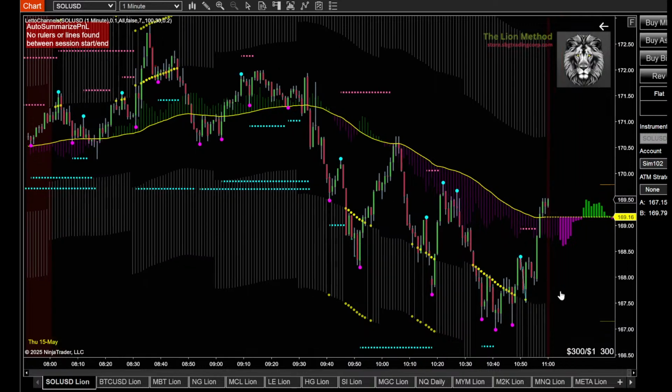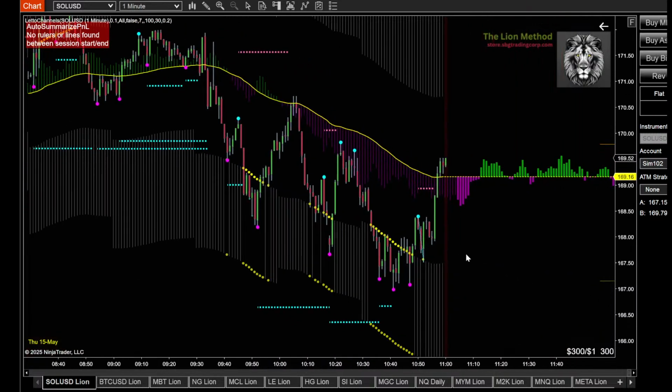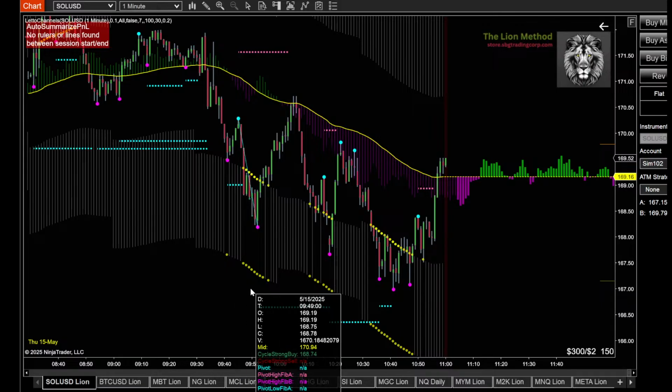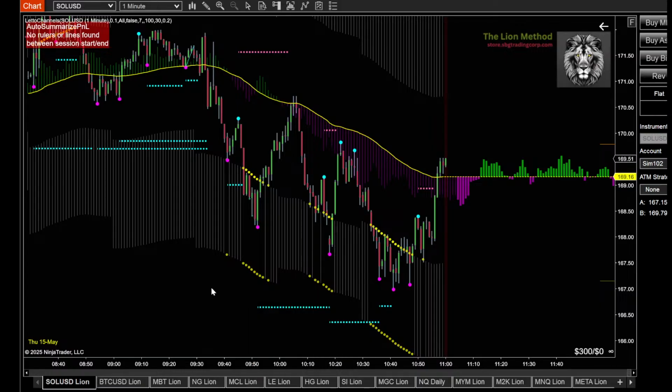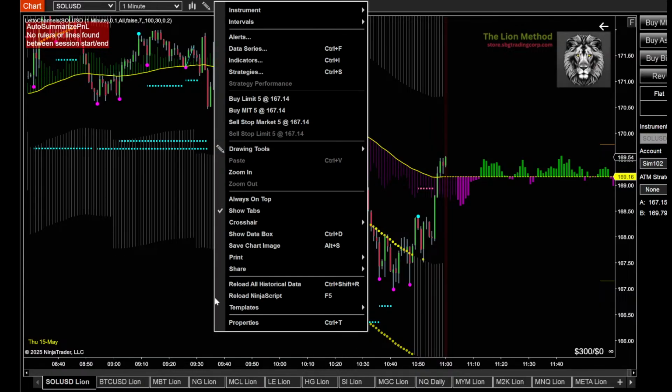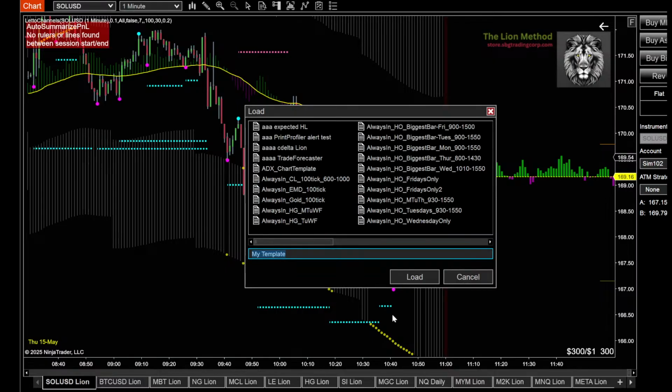Here's a market we look at called Solana. It's a cryptocurrency token. We do not have volume data, we might have volume data. We could try it. Let's go with templates.